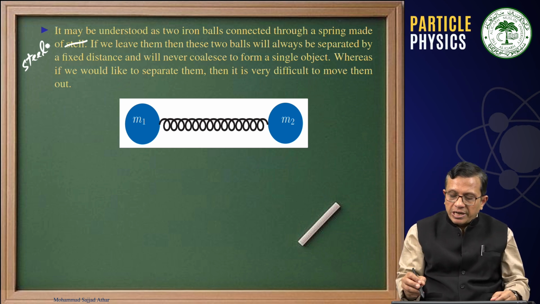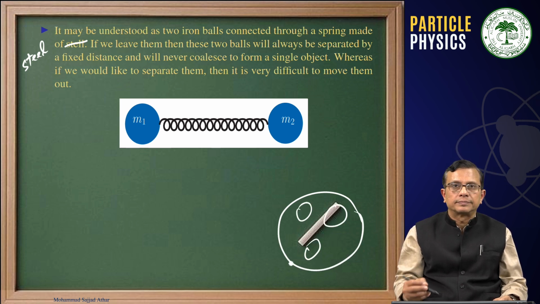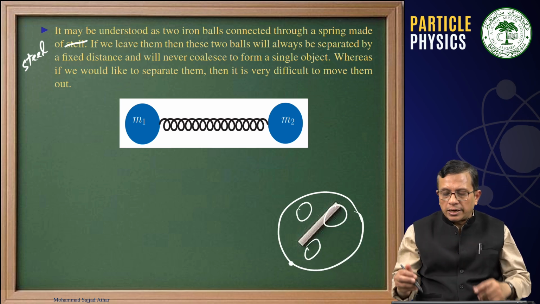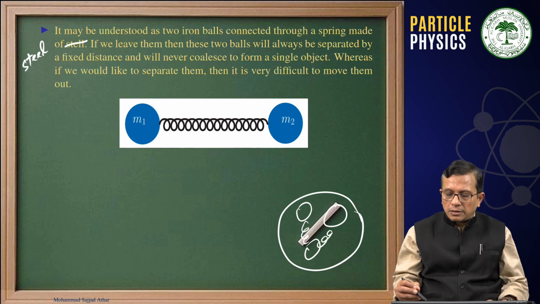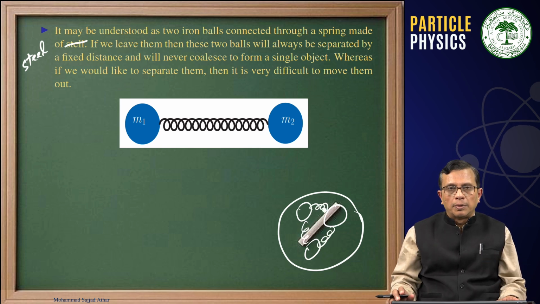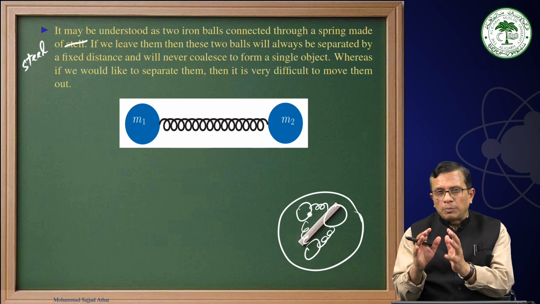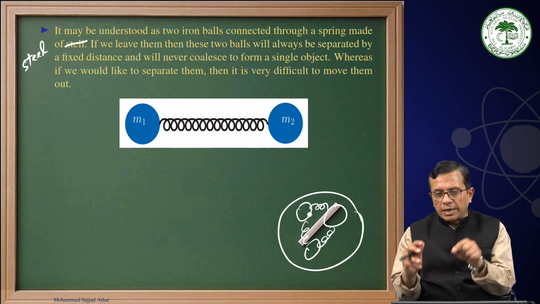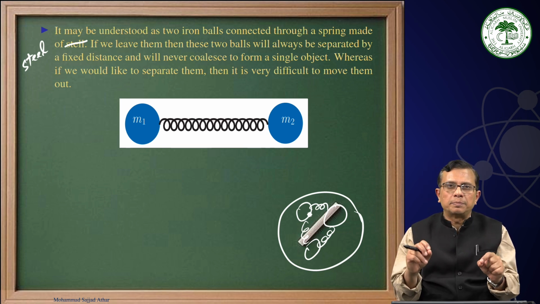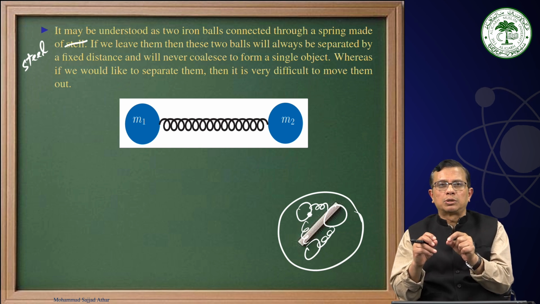Therefore, if we have three quarks sitting here, they are joined with gluons, but this is like a spring mass system, which means they almost have some constant distance between them, and they are not going closer to each other.